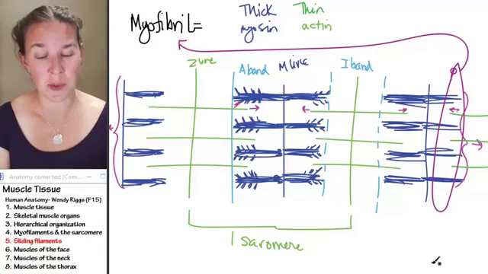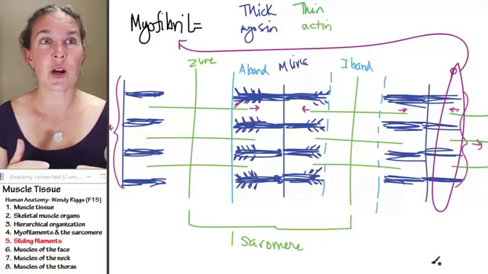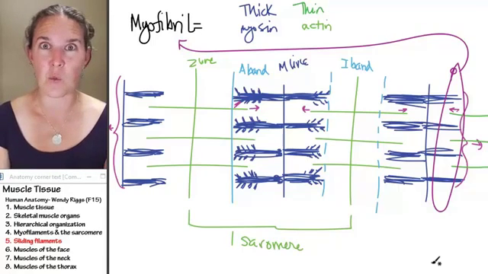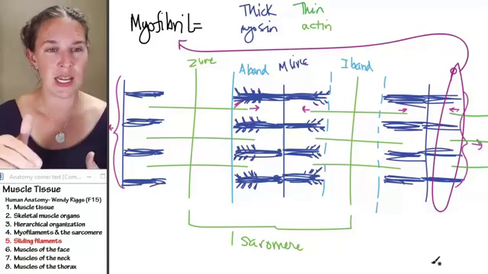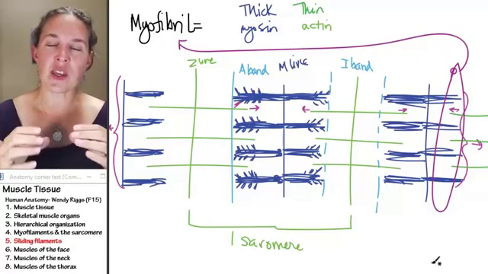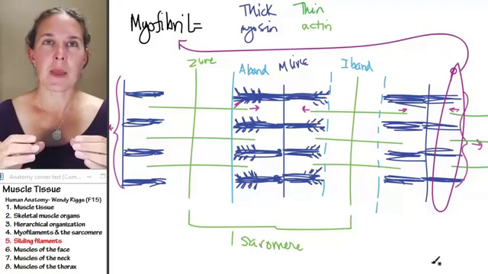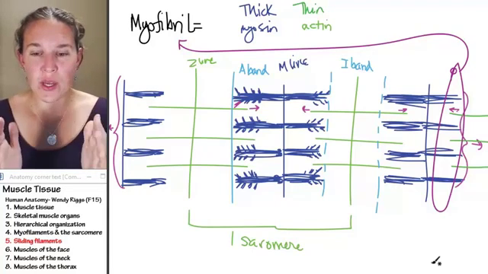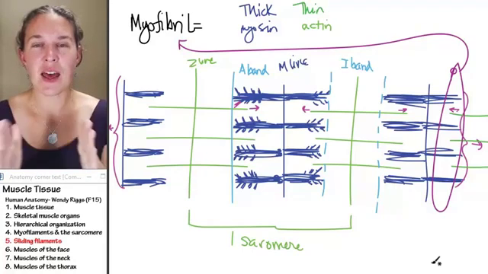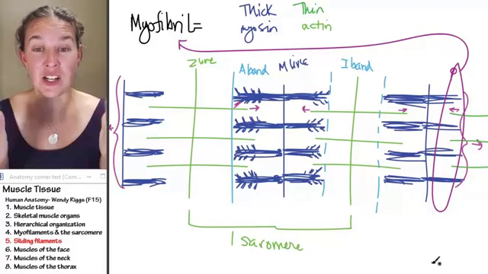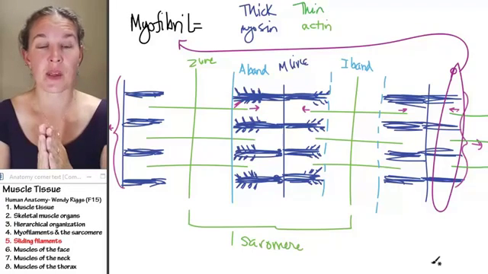I just want you to be able to visualize this to, number one, have some cellular anatomy that will help you understand physio whenever you take it. But number two, so that you have a mechanism in your mind so you can accept how muscle tissue is going to shorten, what the mechanism is that actually enables the tissue to shorten.